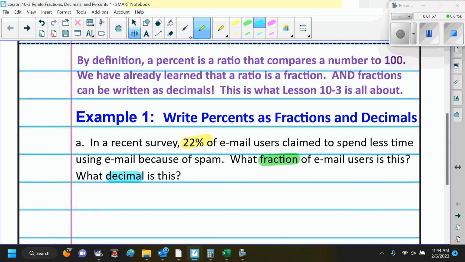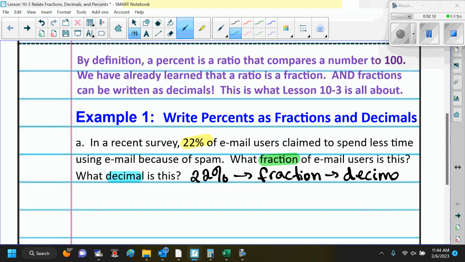So the way you're going to write your important information is you're going to write 22%. We're going to change that to a fraction. And we're going to change that to a decimal. We're going to write down what we're starting with. 22%.